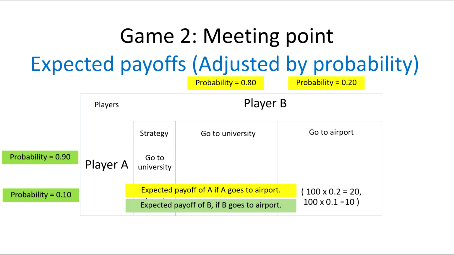You see that the name expected payoffs means that A can expect the gain or the loss by the full payoffs times the probability. And B can also expect the payoffs by multiplying the full payoffs with the probability. Here is the meaning of expected payoffs, because both players can expect their payoffs.